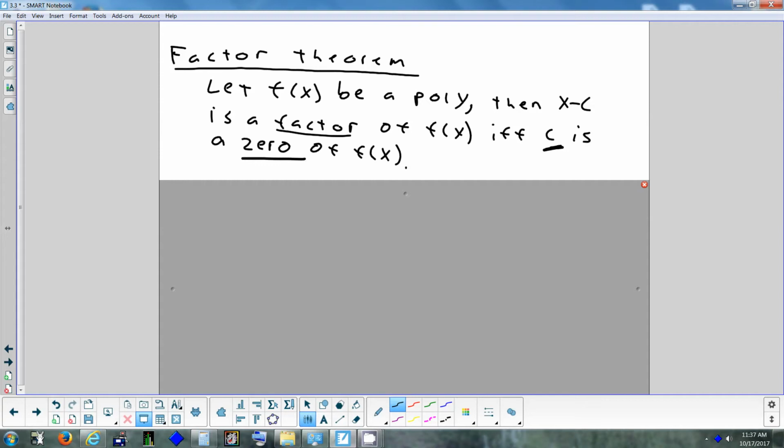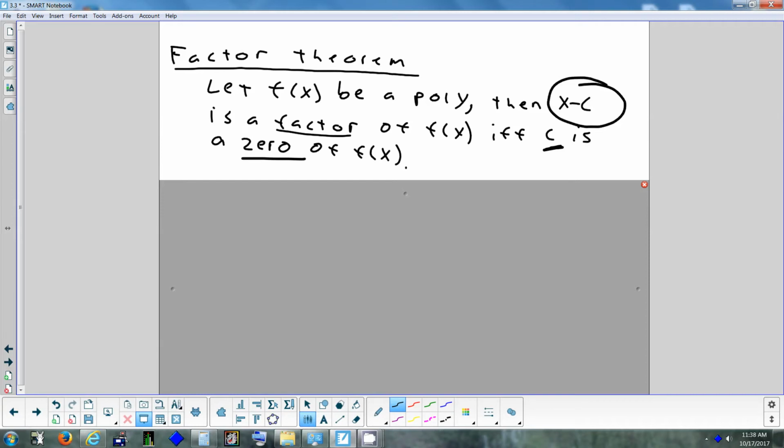If 3 is a root, then x minus the number I just said is a factor. Okay, and that idea is important. If you know a number is a root, then x minus that number is a factor.